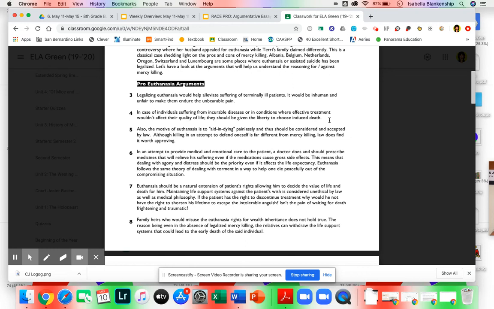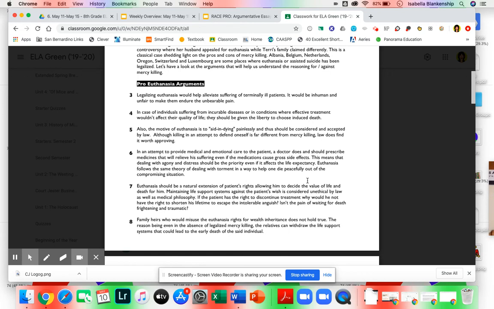In an attempt to provide medical and emotional care to the patient, a doctor does and should prescribe medicines that will relieve his suffering even if the medications cause gross side effects. This means that dealing with agony and distress should be the priority, even if it affects the life expectancy. Euthanasia follows the same theory of dealing with torment in a way to help one die peacefully out of the compromising situation.